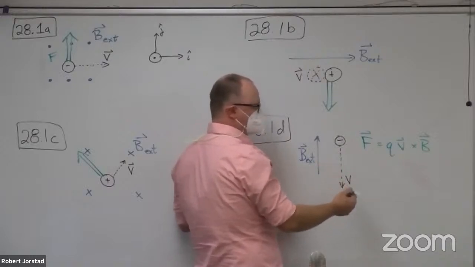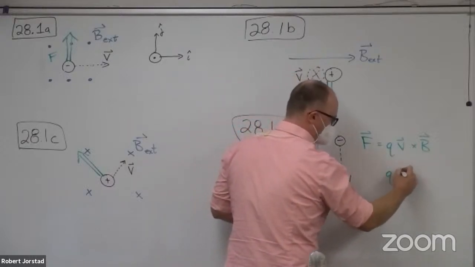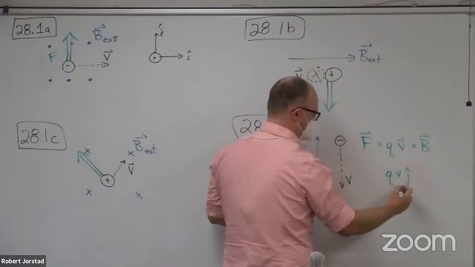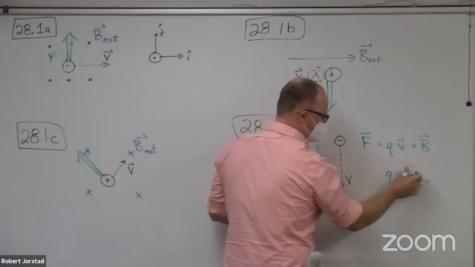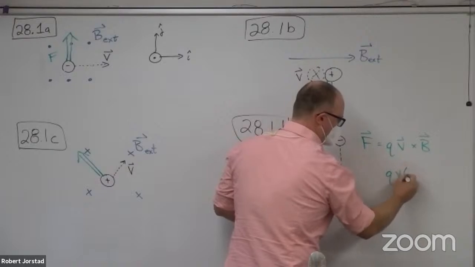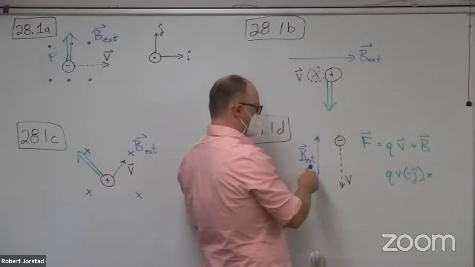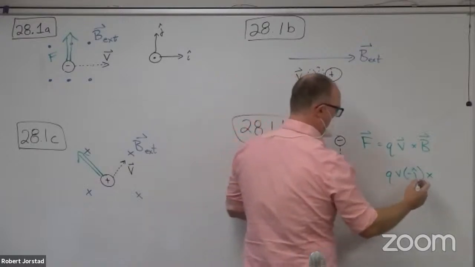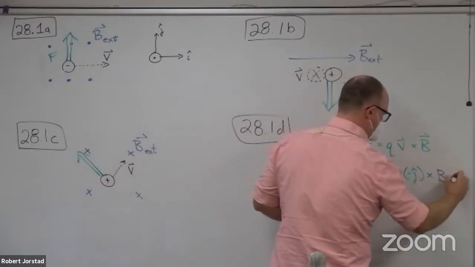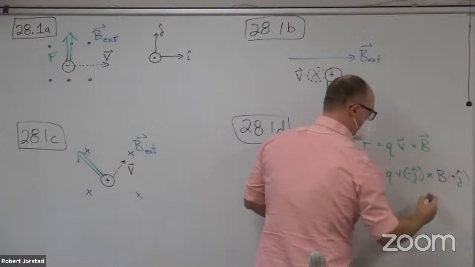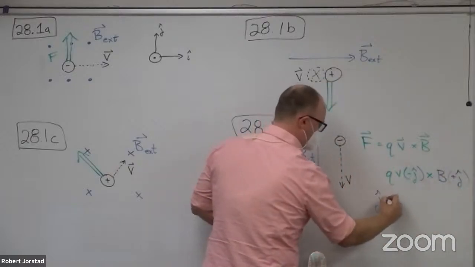Well, think about it in terms of this. This would be QV in the J hat, actually it's a negative J hat, cross with B, which is B in the positive J hat. Well, what's J hat cross J hat?